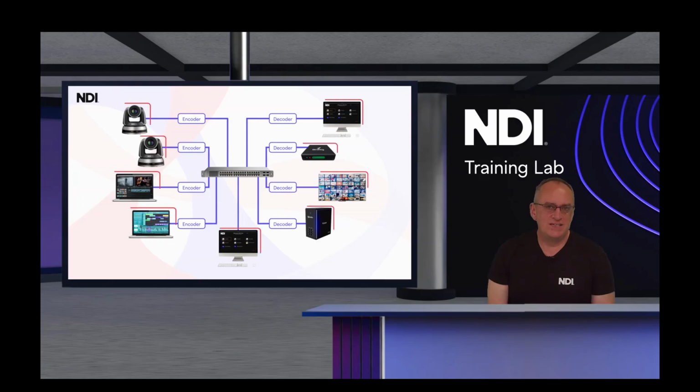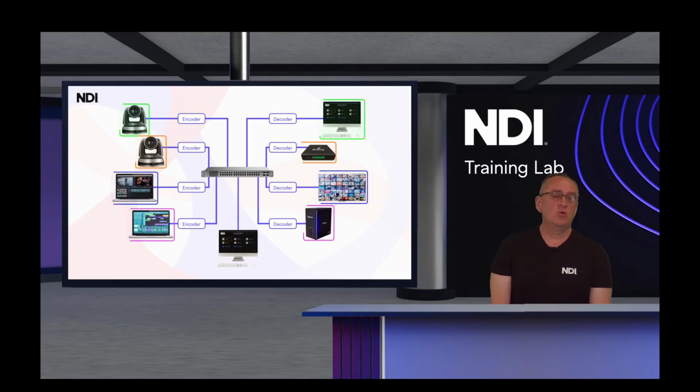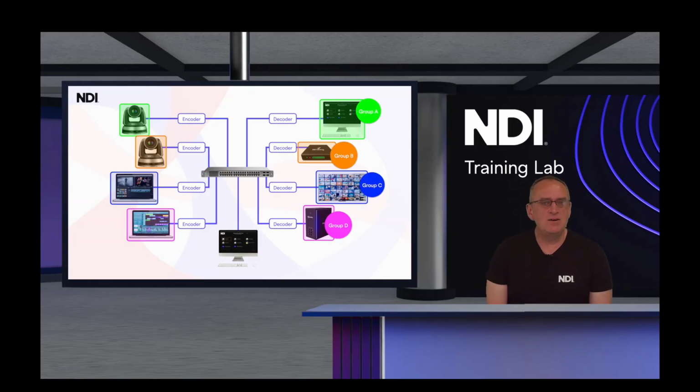In small NDI setups, everything just works. But as networks scale, controlling visibility becomes essential, and that's where NDI groups come in. NDI groups mean that a sender can be in one or more groups and a receiver can discover from one or more groups. If they don't share a group, well, then they won't see each other.